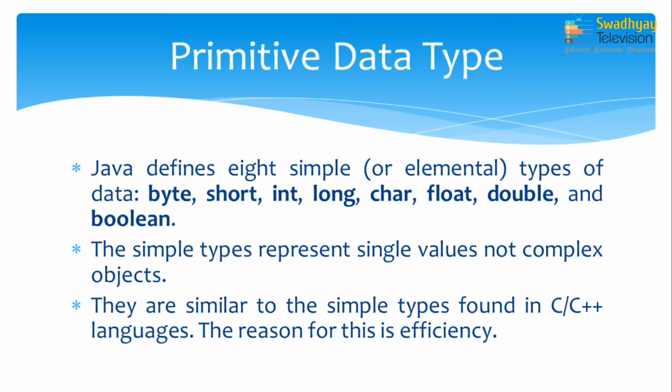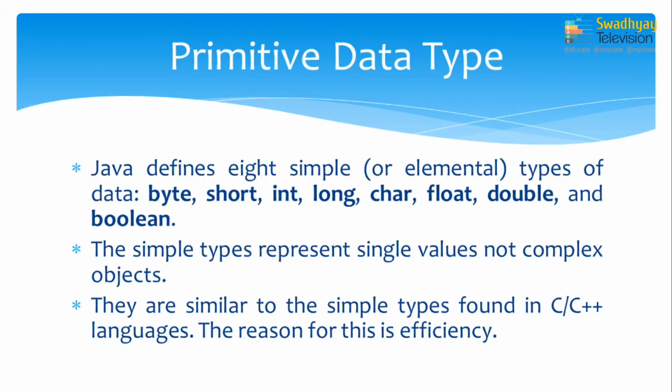We can group these data types into categories: integer, floating numbers, character and boolean. The first 4, which are byte, short, integer and long, are called integer data types.